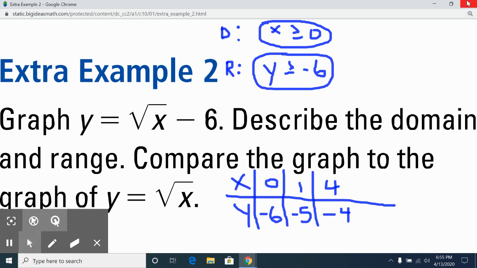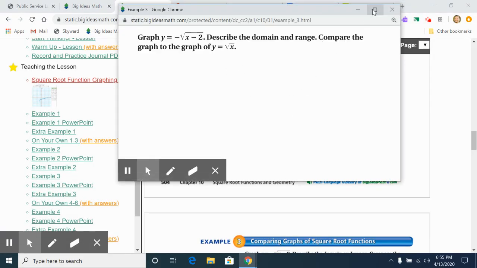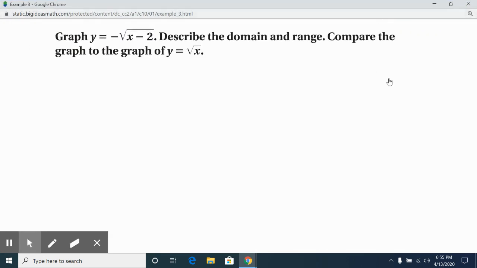All right, I'll show you one more, a little more complicated problem, and then I'm going to have you guys try this today. Once again, let's focus on finding the domain first. This time I have x minus 2 under the square root symbol.